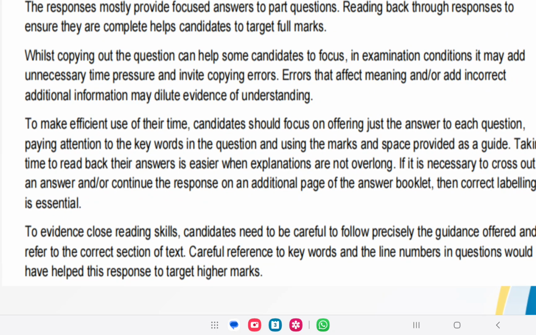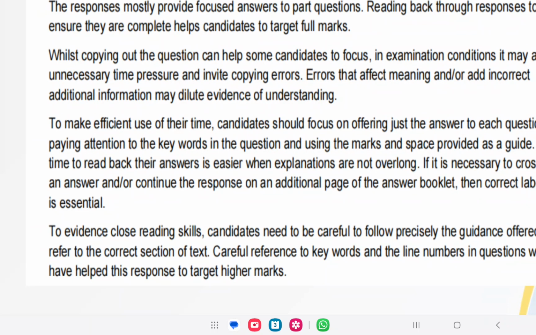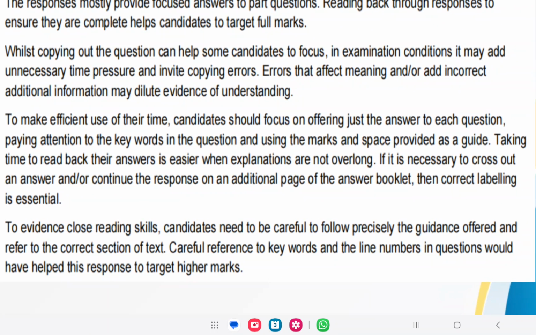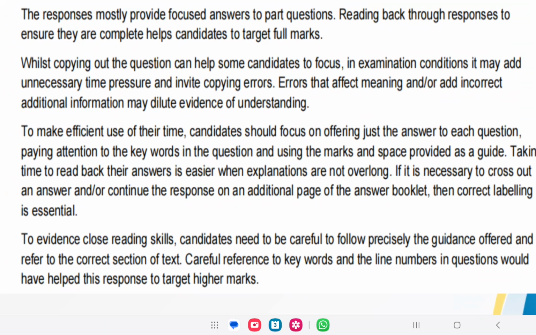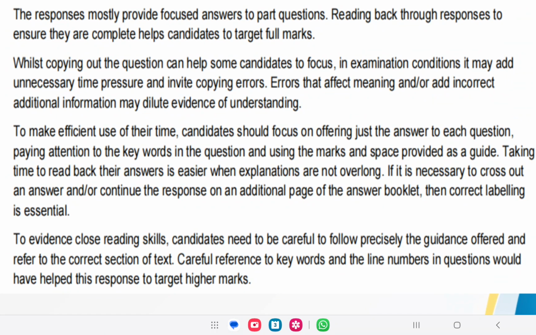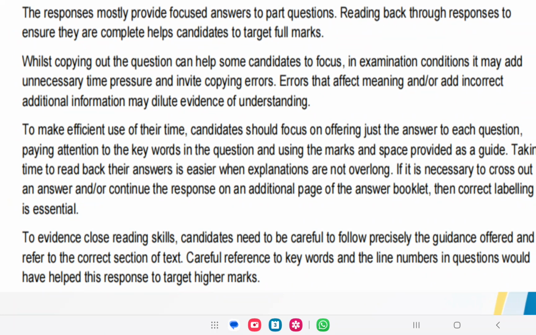Taking time to read back their answers is easier when explanations are not overlong. If it is necessary to cross out an answer and or continue the response on an additional page of the answer booklet, then correct labeling is essential. This is not just about this question, this is overall guidance about all the answers.